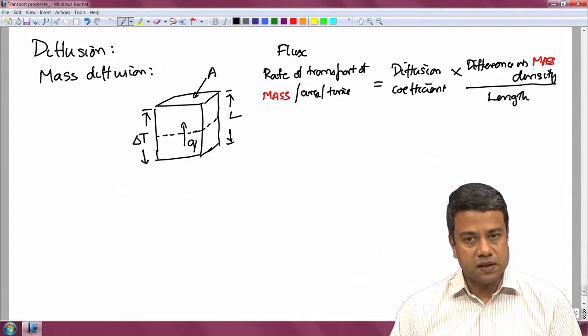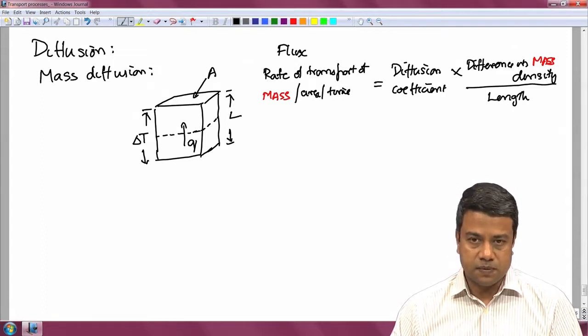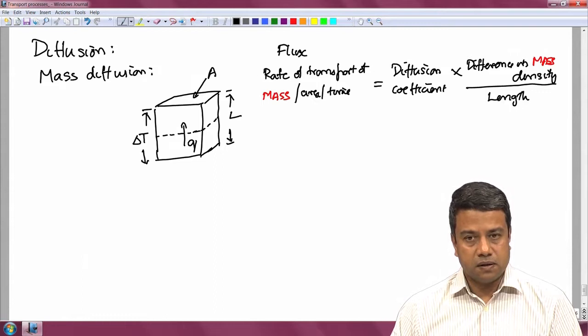What is the energy density? It is the energy per unit volume of the system.